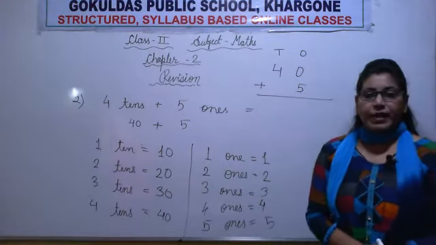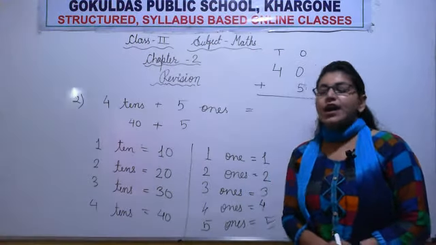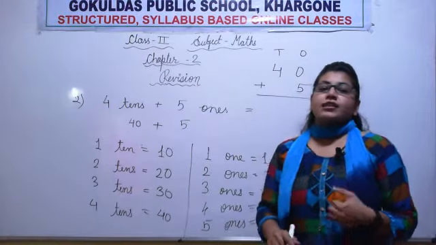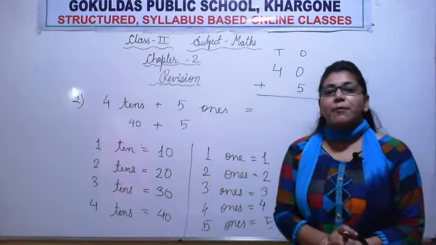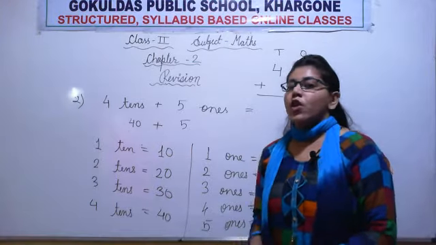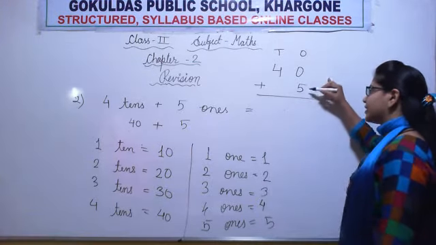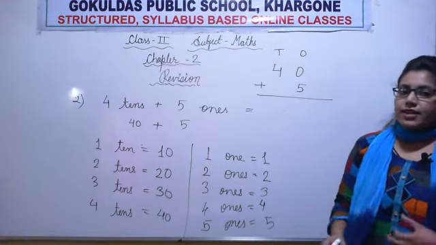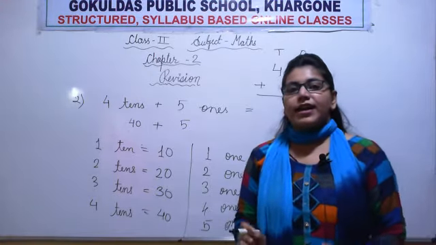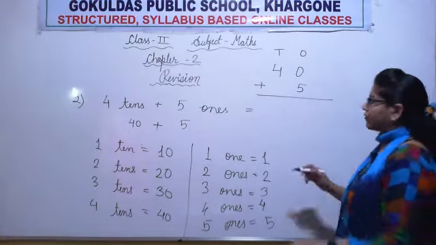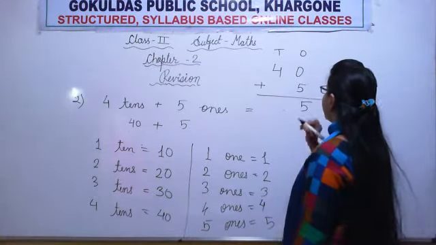Remember zero property. Whenever a number is added to 0 or 0 is added to any number, the result will remain the number itself. So 0 plus 5 is 5, so we will write 5.